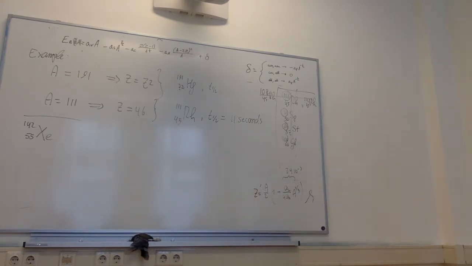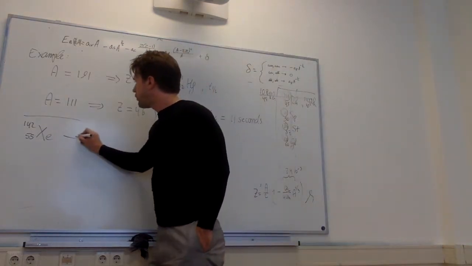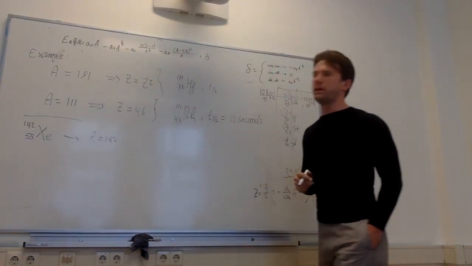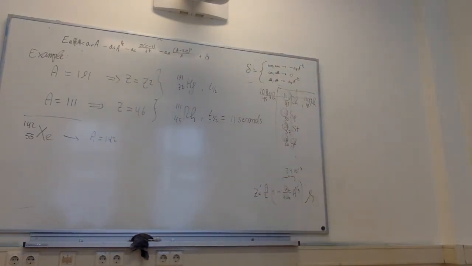All right, back to xenon. 142.55. We can use our little cool formula again, because the A of this thing is 142, and we can check how stable that is.